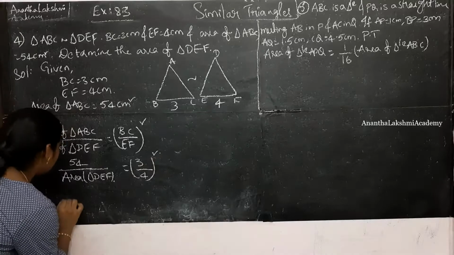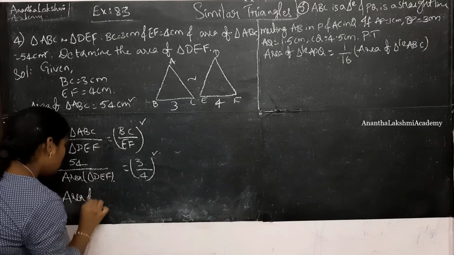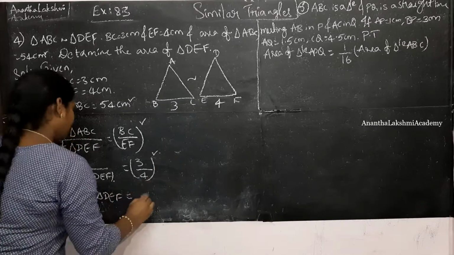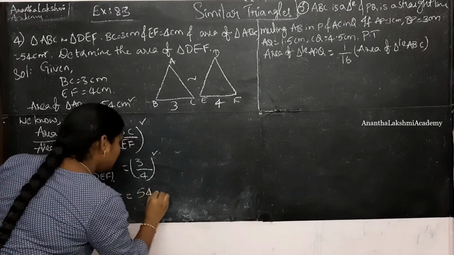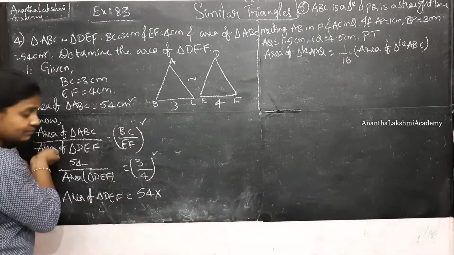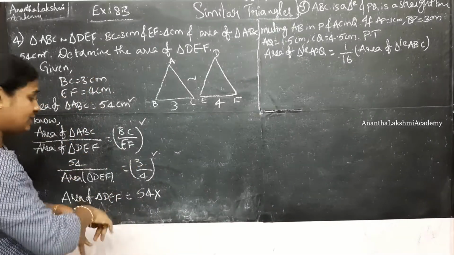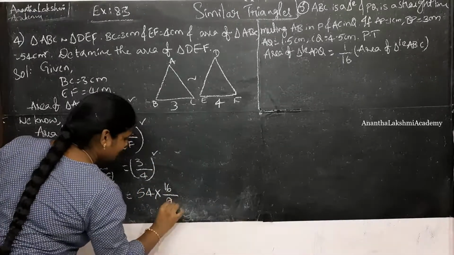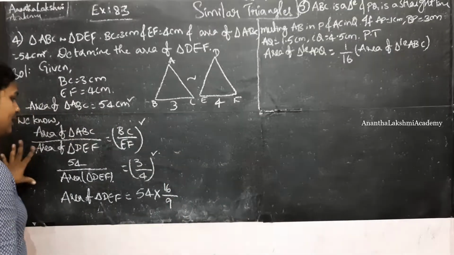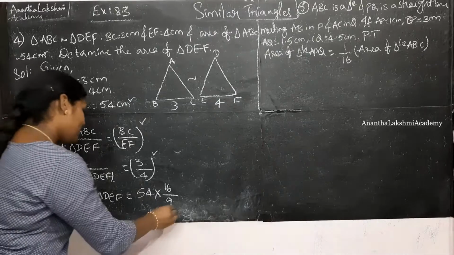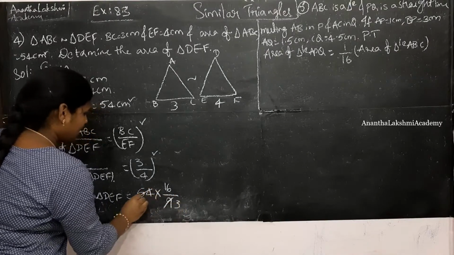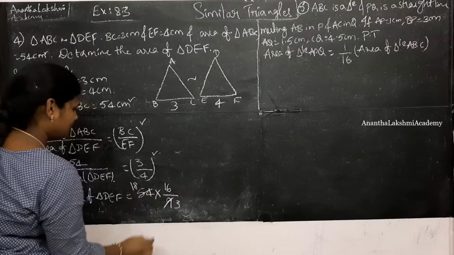Yes, we will take that the other side. Area of triangle DEF. If you take it the other side, this becomes 54 into this fraction. When it comes this side, the numerator becomes the denominator and denominator becomes the numerator. 4 square is 16, 3 square is 9. Alright, let's quickly do the simplification. 3 3s are 9, 3 1s are, 3 8s are.